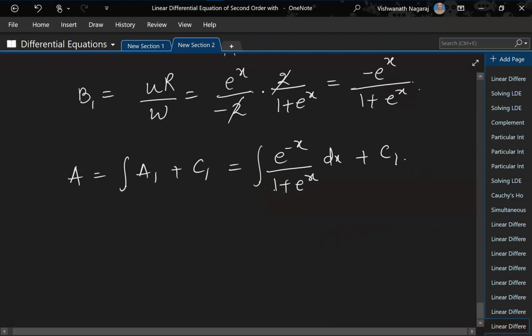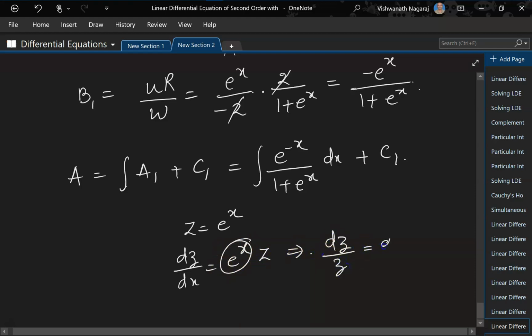For this we have to do the substitution method. Let z be equal to e to the power of x. Differentiating, dz by dx is equal to e to the power of x, which is nothing but z itself. So dz by z is equal to dx.